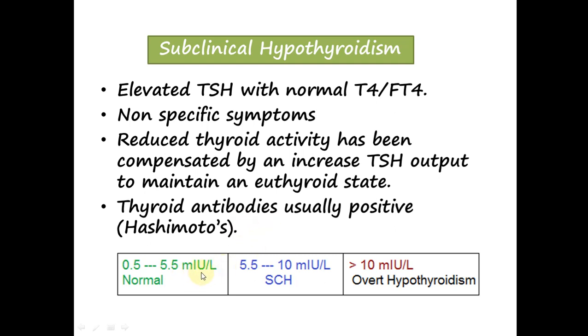In subclinical hypothyroidism, the TSH level is between 5.5 and 10, but below 10 milli-international units. And if the level of the TSH is above 10 milli-international units, this is full-fledged overt hypothyroidism.